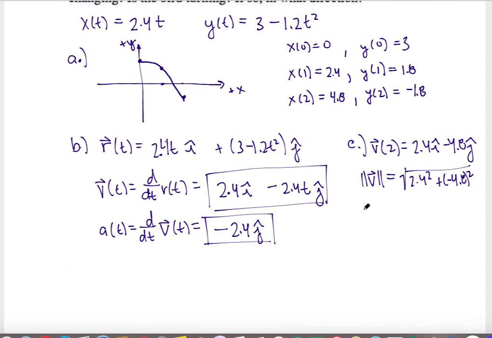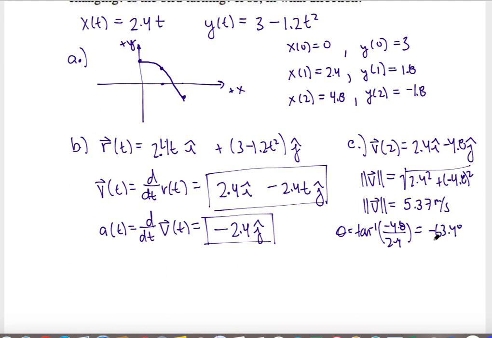So the magnitude of the velocity at 2 seconds is going to be 5.37 meters per second. And then my angle comes from the arctangent of the two components, with negative 4.8, the vertical component, on top, over 2.4. So I get an angle of negative 63.4 degrees.